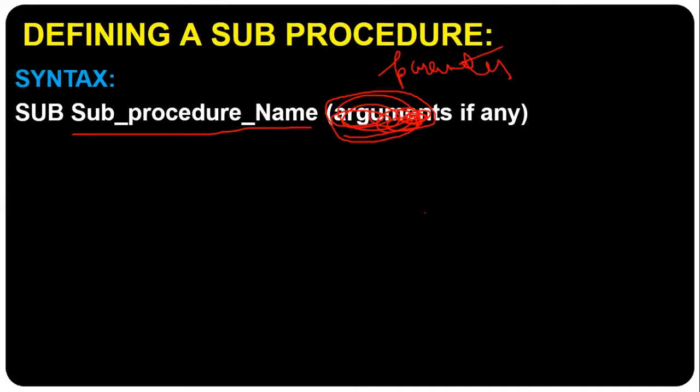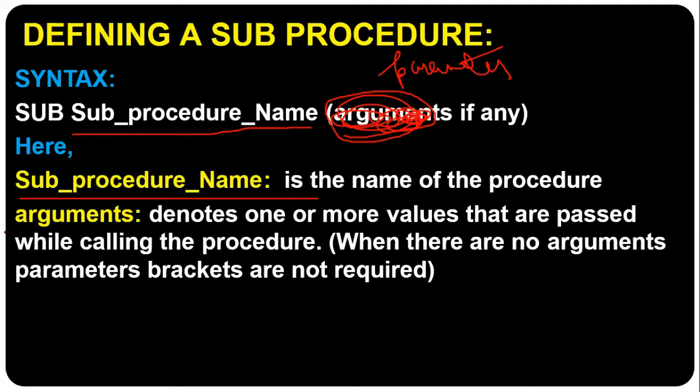So after this, let's move towards here. Sub procedure parameters. If there are any, we write them down. Sorry, this is parameters actually. Whatever values are sent in the form of arguments while calling will be stored in parameters.